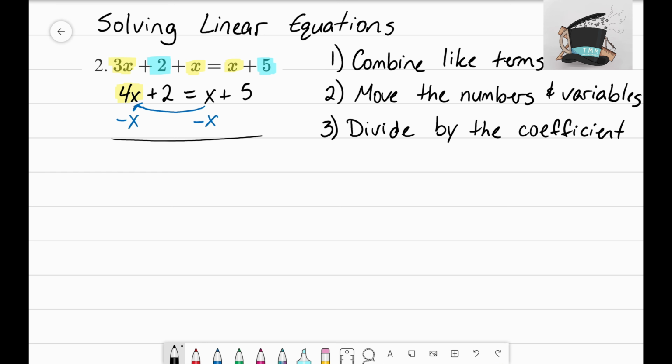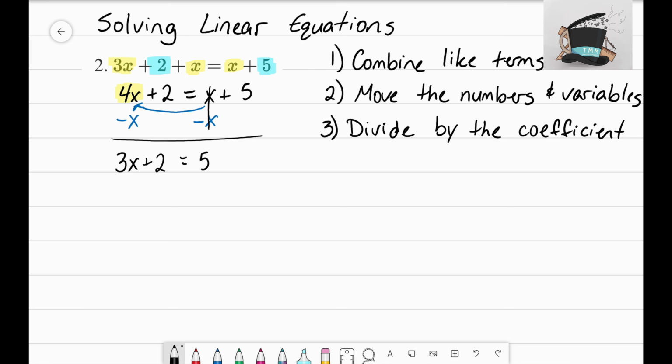And the reason why is, when I look on this right side here, x minus x zeroes out, so it goes away. I don't have to worry about that x now because I've moved it over to the left side. On the left side, I have to combine these. Well, 4x minus an x leaves me with 3x. And now I just bring down my constants. I have plus 2, and I have plus 5.